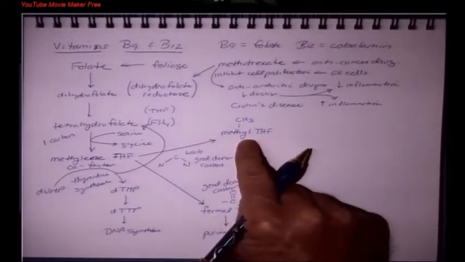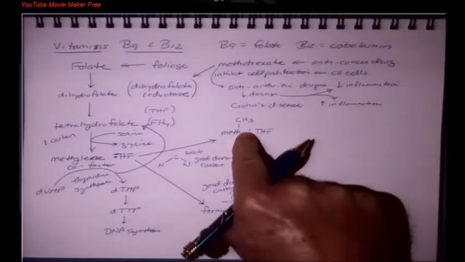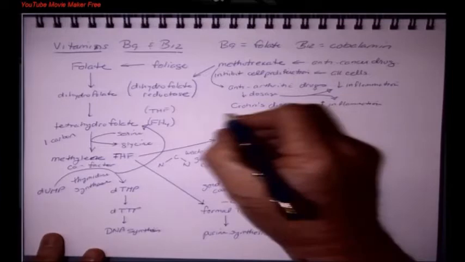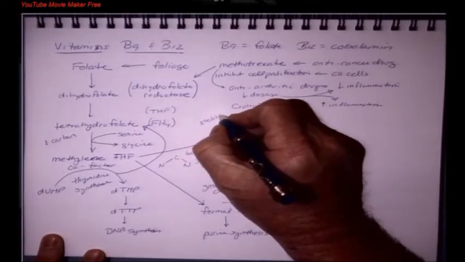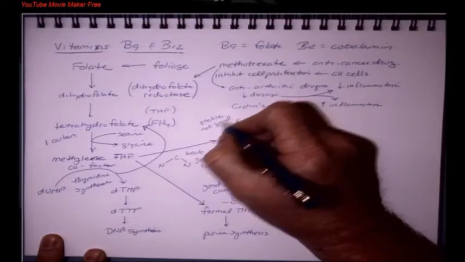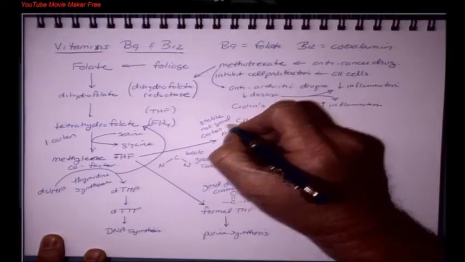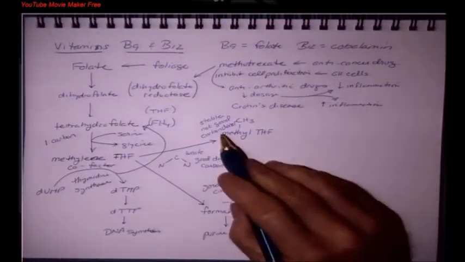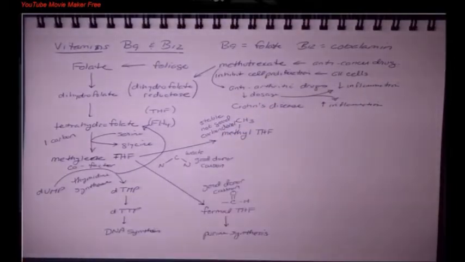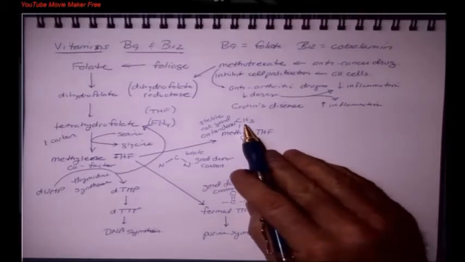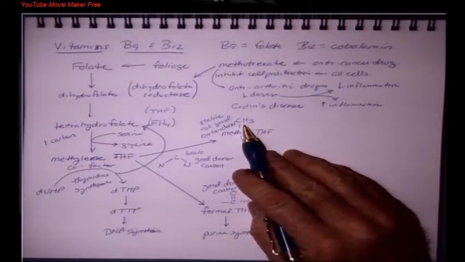Now the methyl group, methyl tetrahydrofolate, methyl groups are incredibly stable. So the methyl tetrahydrofolate is not a good carbon donor. And that simply means that the enzymes for biosynthesis are unable to extract this carbon off this molecule and add it to the substrate.